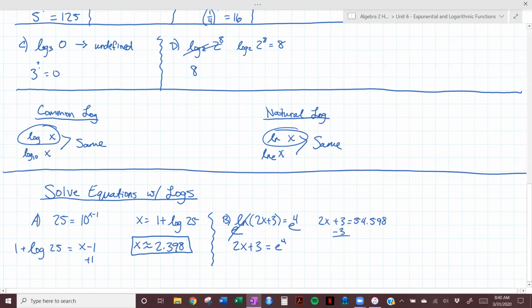We subtract 3 from both sides, so 2x equals 51.598. We divide by 2, and we get x is approximately 25.799.